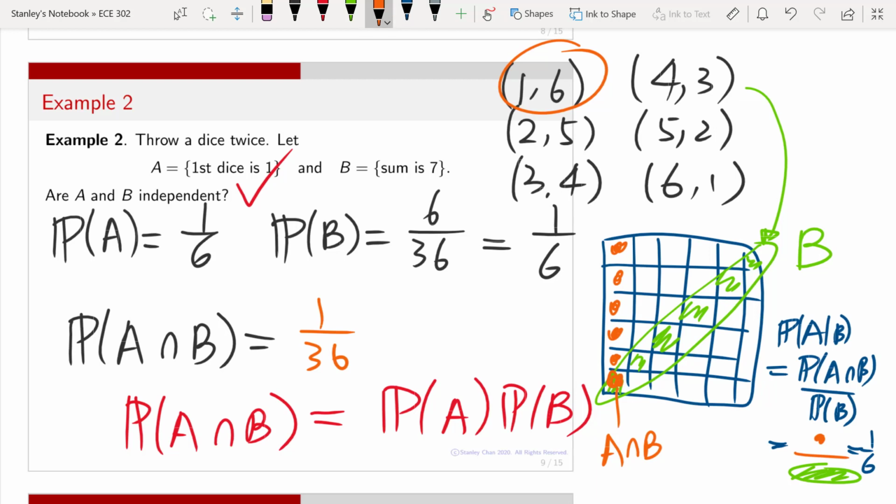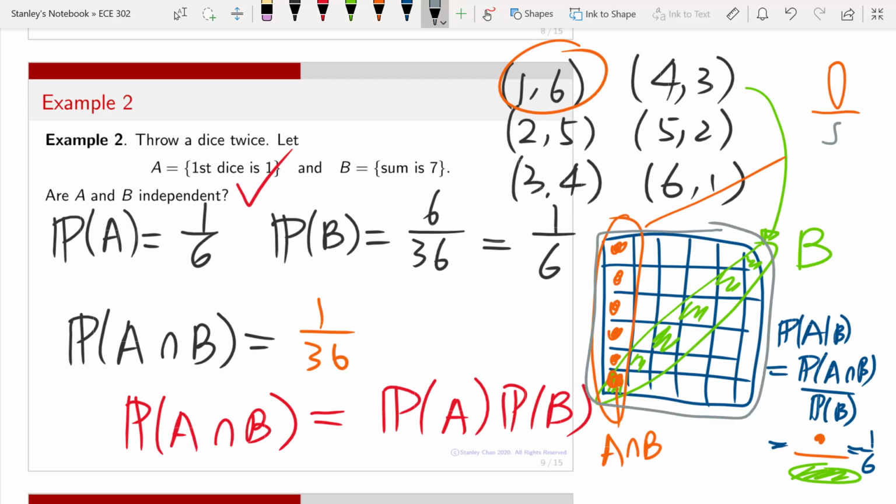And then you can also show what is the ratio of all these yellow, so you have this yellow over the entire sample space. This is your omega. This is the probability of A, and it happens to be 1/6 as well. And because this ratio matches, you conclude that these two events are independent.